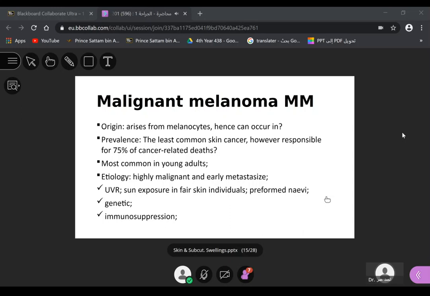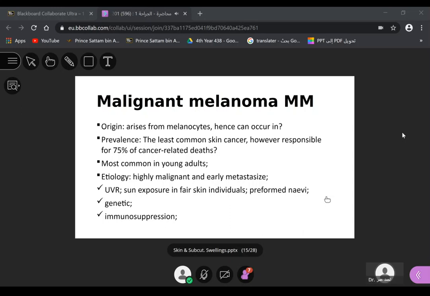So what does this information tell you? If it is the least common and at the same time the most lethal? Very aggressive.